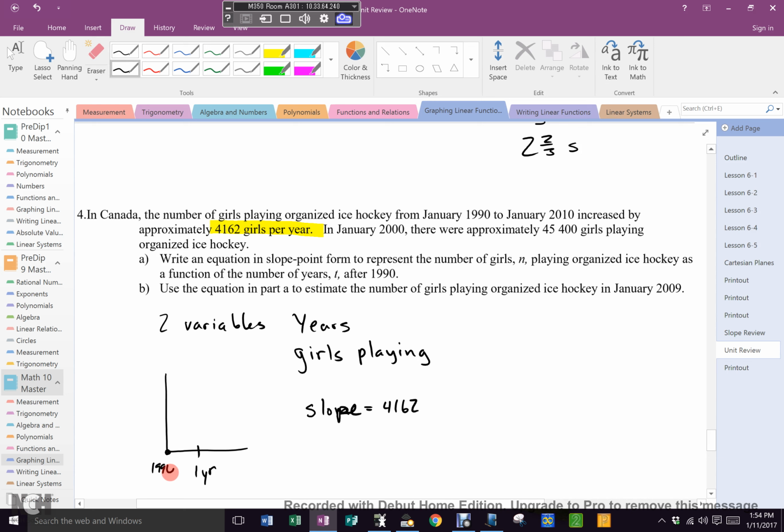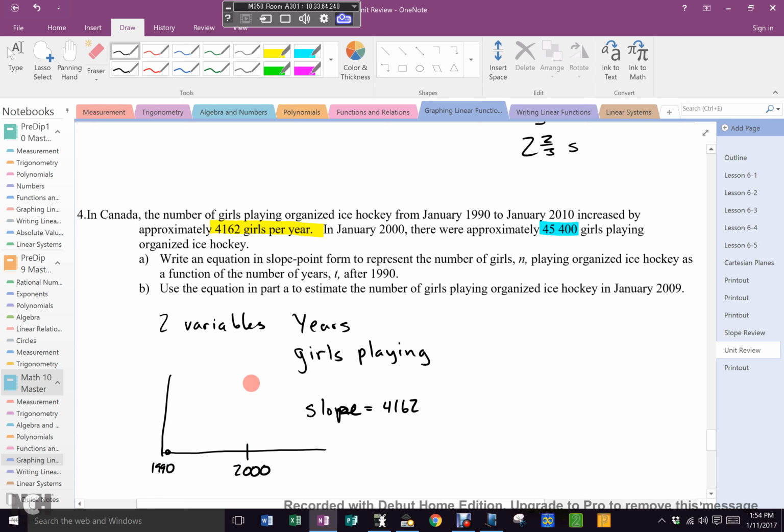Now, I also know that the graph goes like this. Starts in 1990, and it goes up to 2000. In 2000, there was that many girls playing.